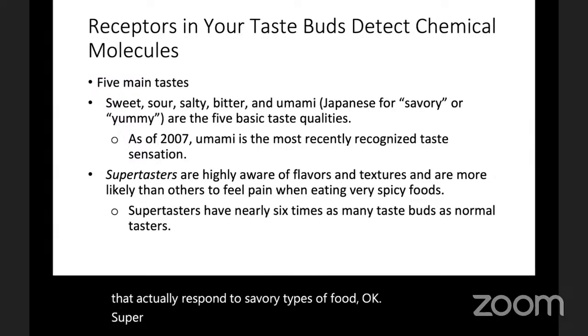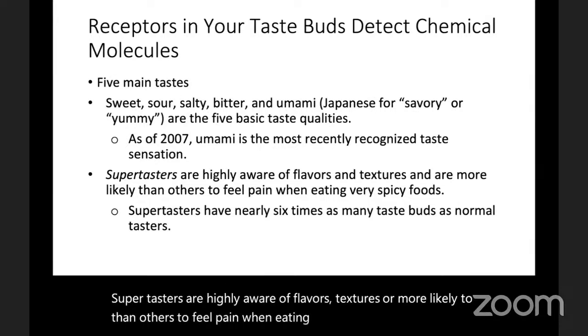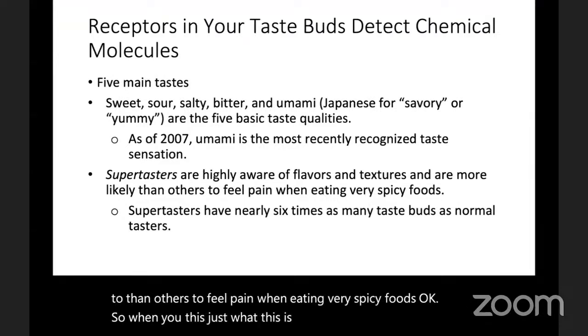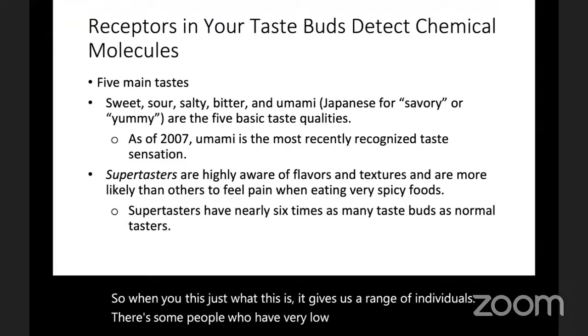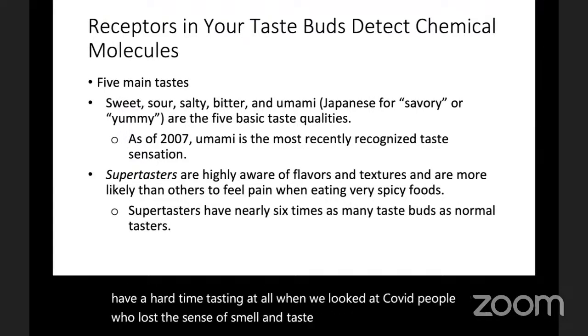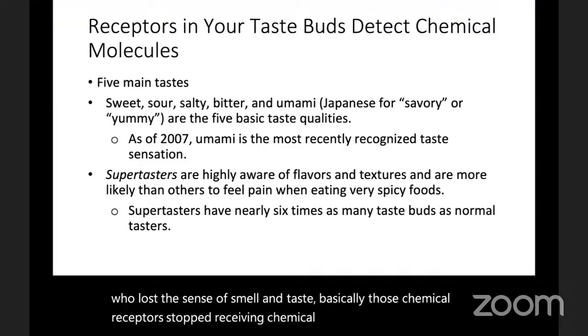Super tasters are highly aware of flavors and textures, and more likely than others to feel pain when eating very spicy foods. So this gives us a range of individuals. There are some people who have very low taste abilities. In fact, they have a hard time tasting at all. When we looked at COVID, people who lost the sense of smell and taste, basically those chemical receptors stopped receiving chemical information.